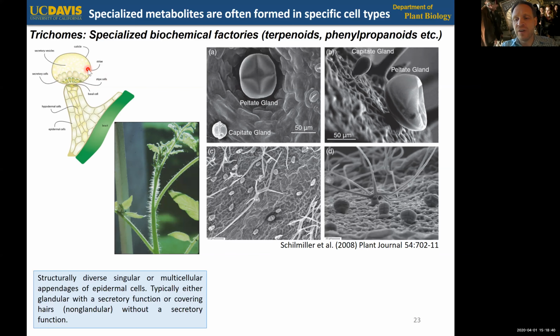It's a very important one that you find in many species. Especially Lamiaceae, Asteraceae, and Solanaceae species commonly produce these trichomes.